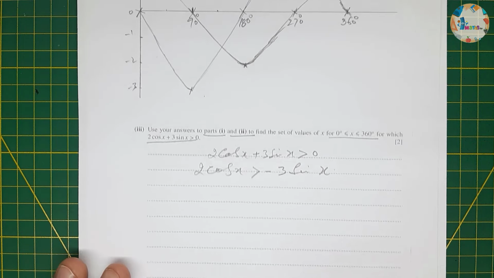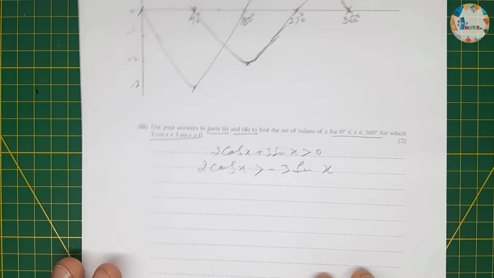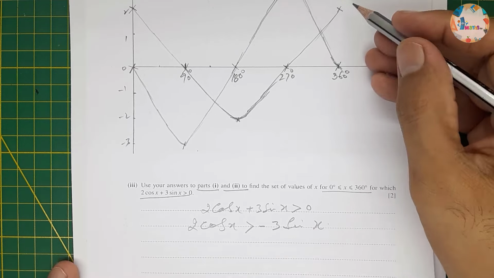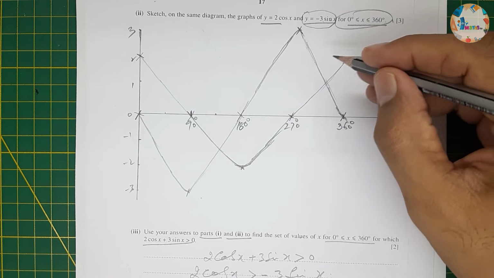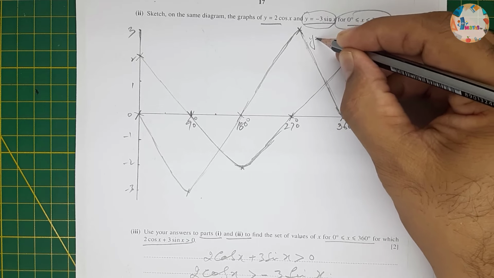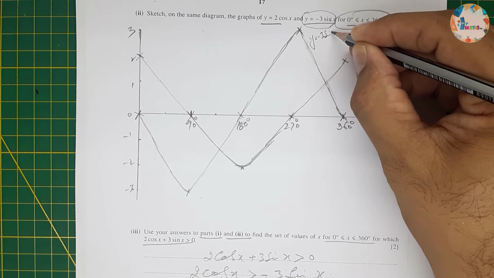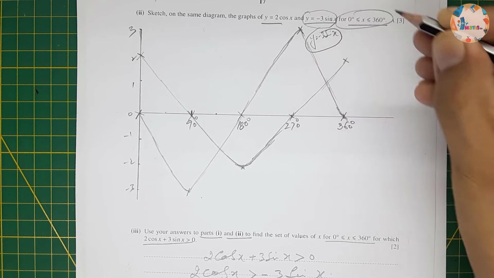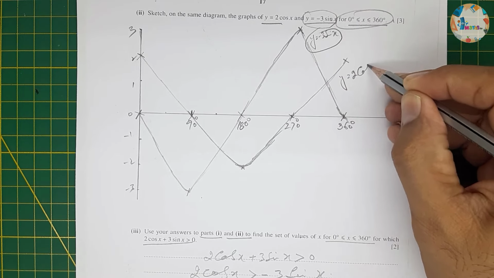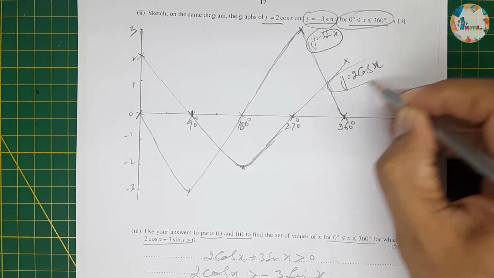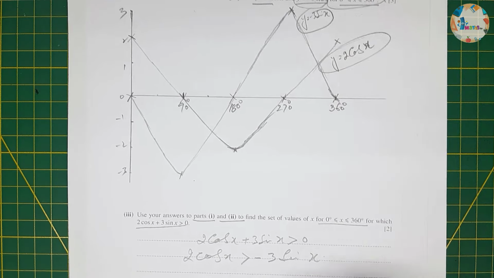Now we will be checking the parts of this curve. We will indicate this one is y is equal to minus 3 sine x, and this curve is y is equal to 2 cos x. So this is the equation for this curve.